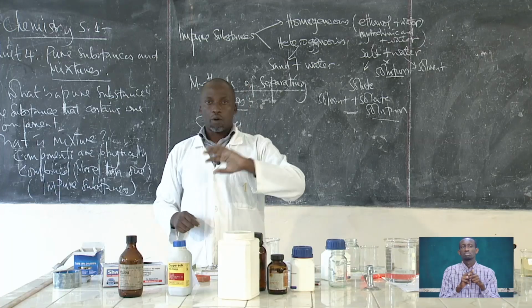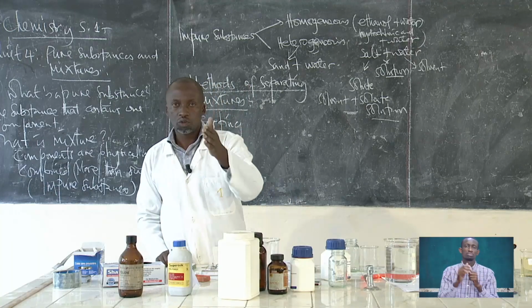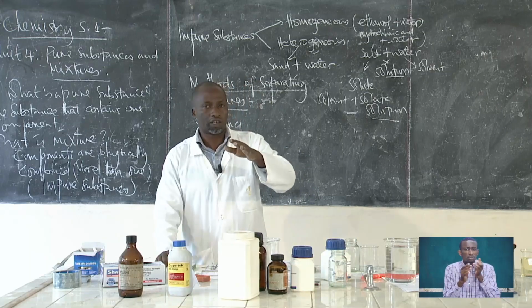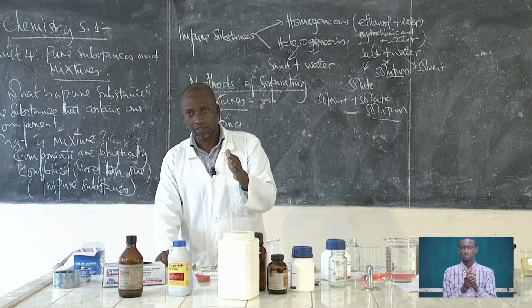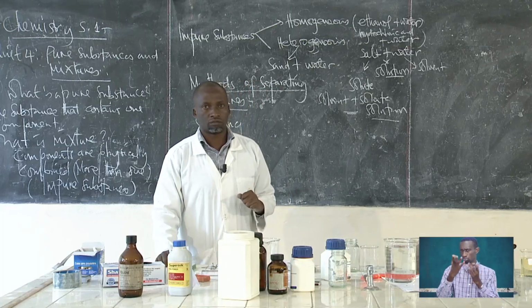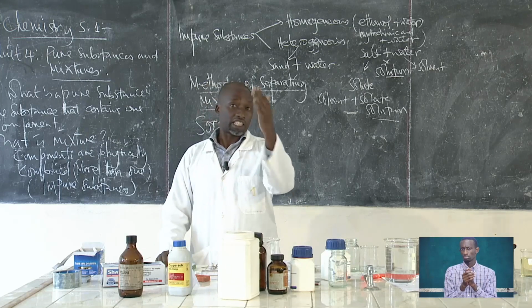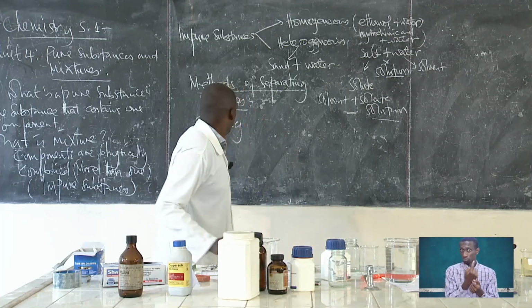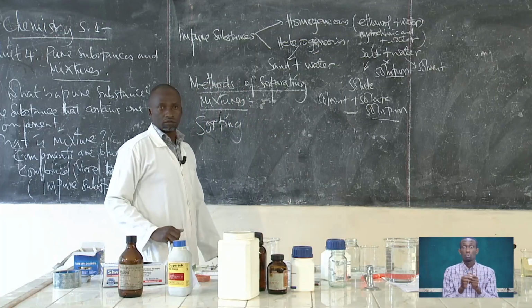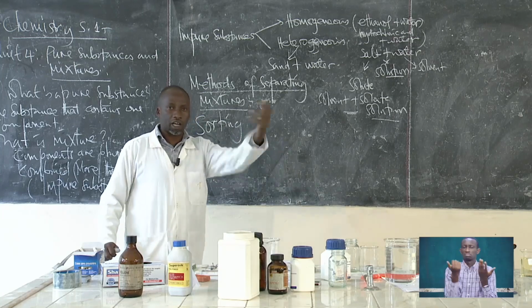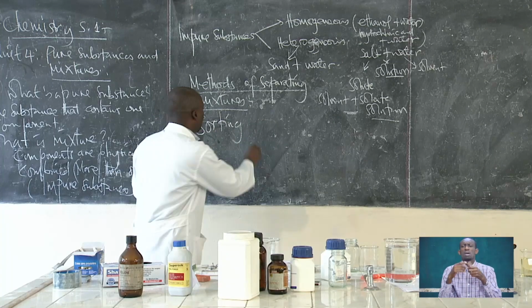The method, however, I should mention, depends on the nature of the mixture. I said there are several methods we'll have to look at one by one. So this is one of the methods. This is very common, so there is nothing a lot that we can talk about on this one.